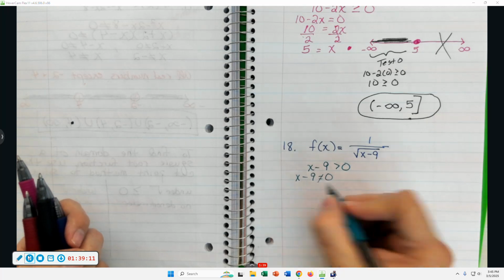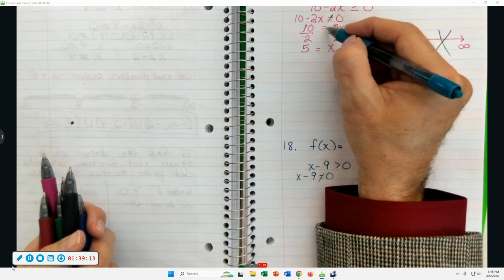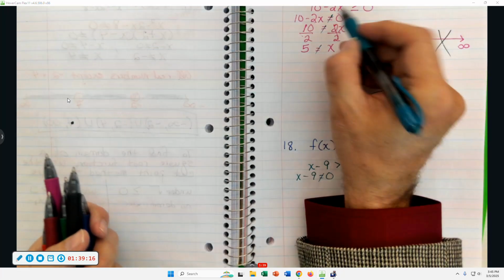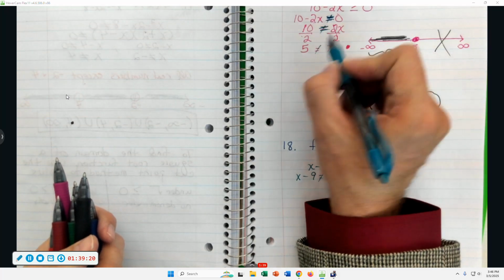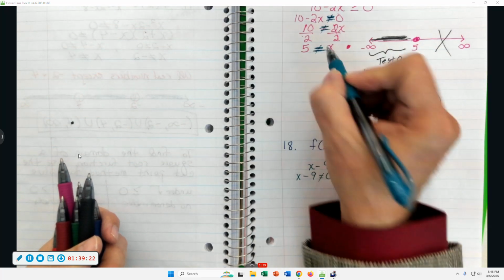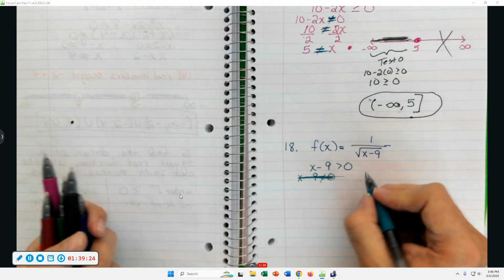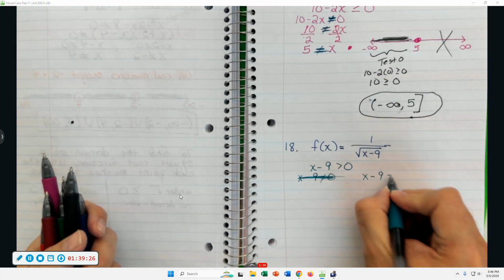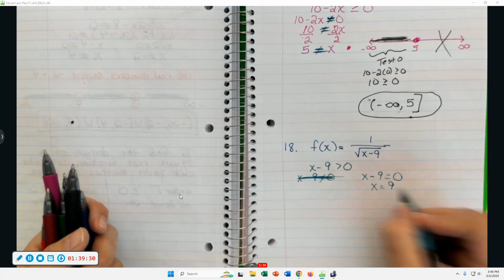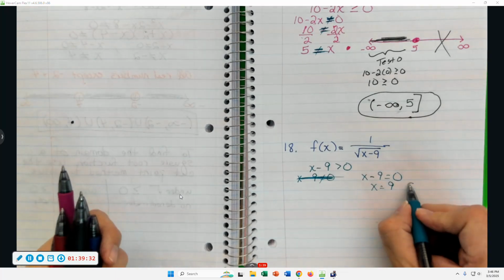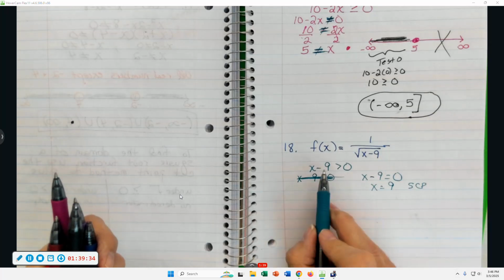Okay? So we say x minus 9 equals, well, I guess we said not equal, so that's what we were doing. Oh, what am I doing? So x minus 9 is 0. X is 9. Our solution cut point.